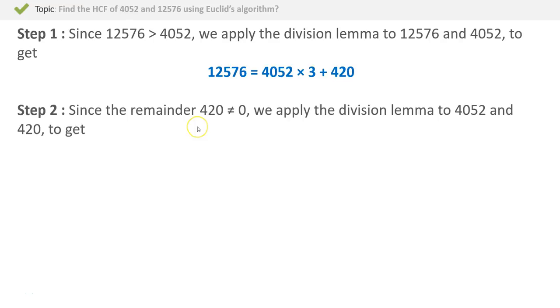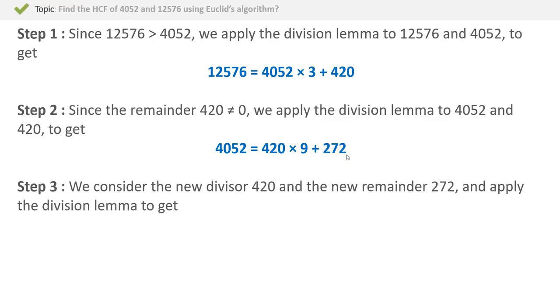Now we go to step 2, because in this case my remainder is not 0, so I have to continue this process. I'm going to use 420 as divisor and 4052 as dividend, and hence we can represent 4052 as 420 multiplied by quotient 9, and what is left is 272 as remainder.